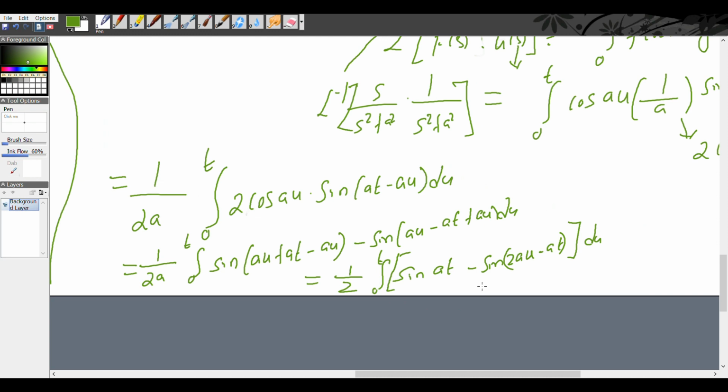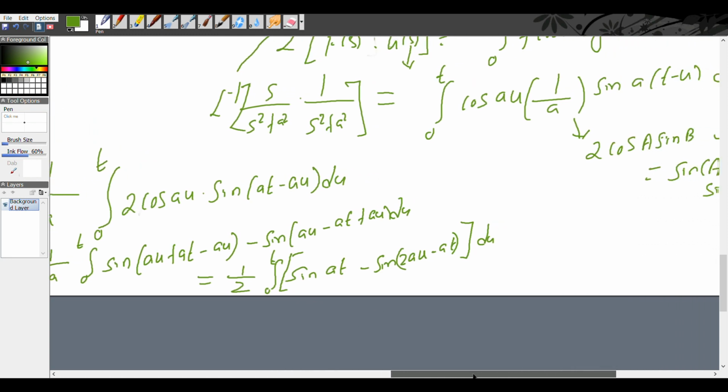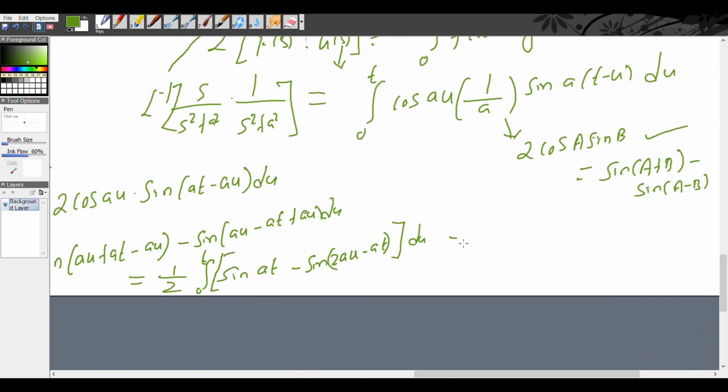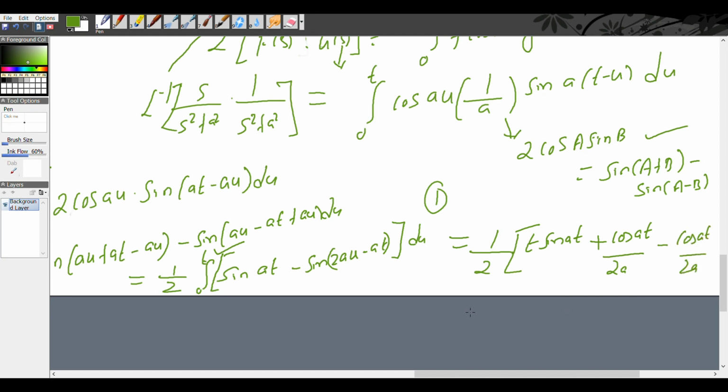So I advise you to do the integration as well as apply the limits. Fine, I am directly writing it. I have missed one step, where you do the integration and apply the limits. After applying the limits I will be getting 1 by 2 t sin at plus cos at by 2a minus cos at by 2a.